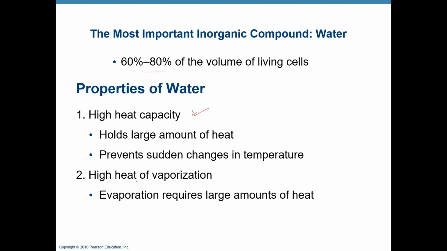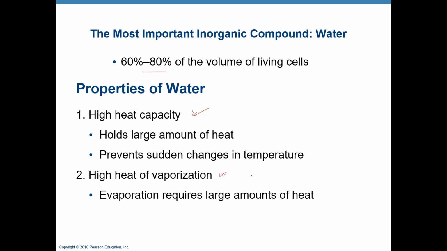High heat of vaporization. Water will not be quickly turned to vapor, which is very helpful for the body because your body is mainly water, right? The cell's 60 to 80% volume is water. If water quickly leaves the body, then the whole body will shrink.